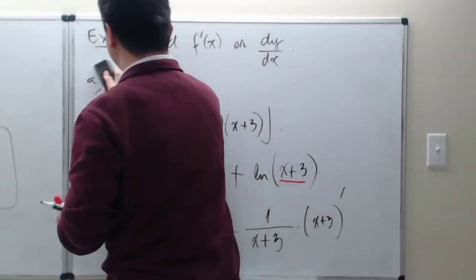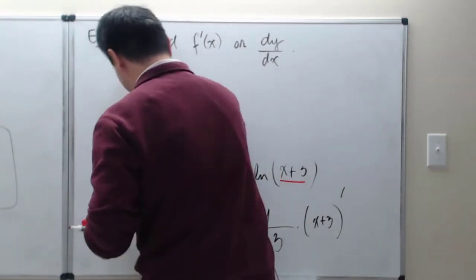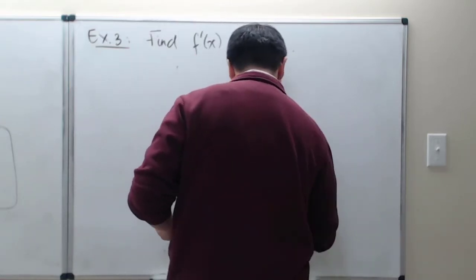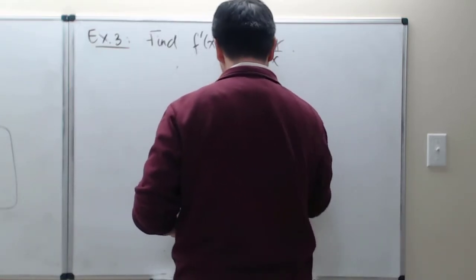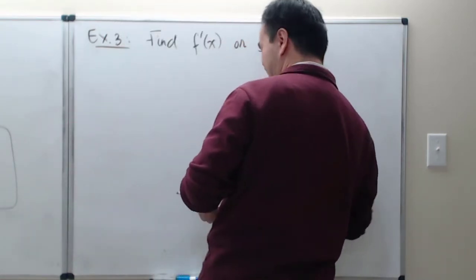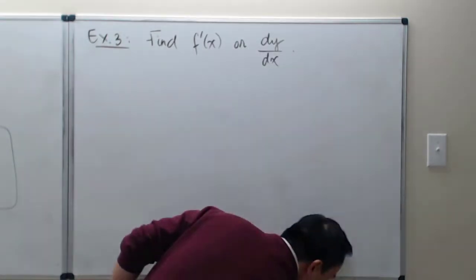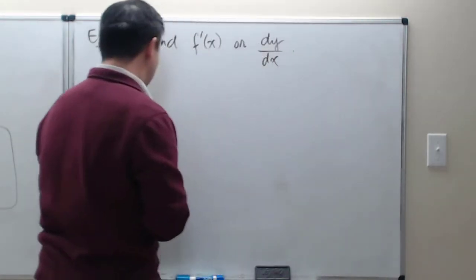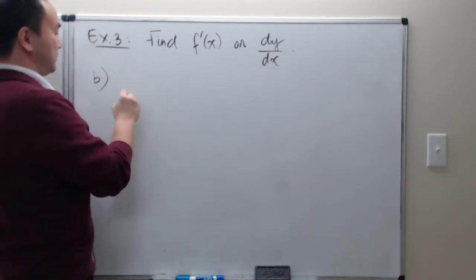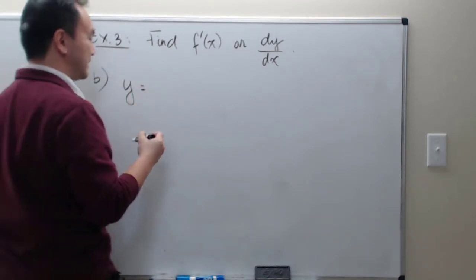Let's now look at another example. And now I'm going to allow problems to get bigger. So now there would be times where your logarithm looks like this.